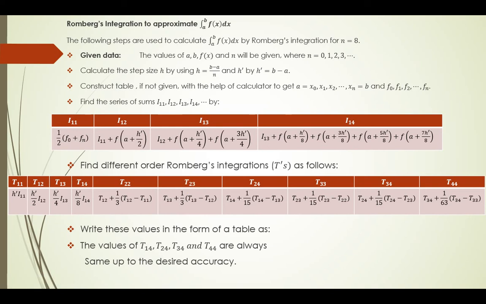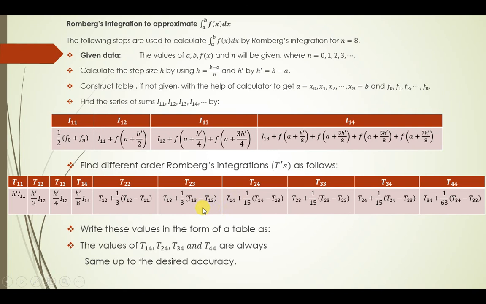So T13 plus 1/3 times the same T13 minus T12, and 1 less than this 3. This is 3, so that is 2. However, this is the formula for T23. T24, so this equals to 1 less than this 2, that is 1, and the second digit is the same.